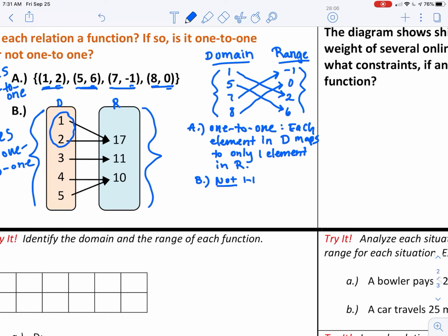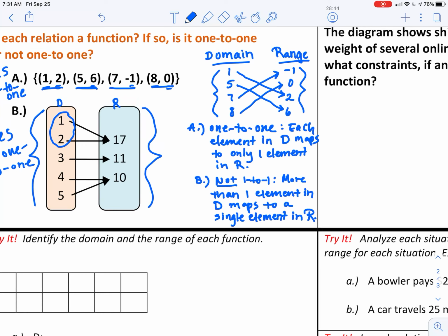And you can just put 1 to 1 if you like. This is where you would have more than one element in the domain, we'll put a capital D again, maps to a single element in the range.